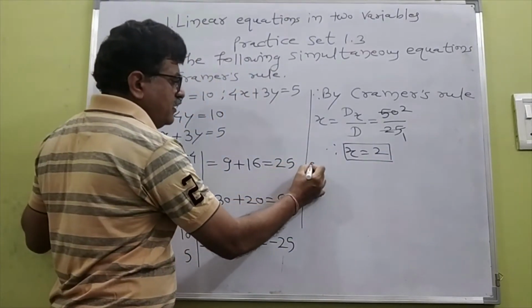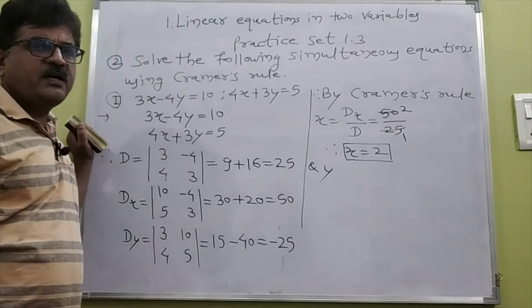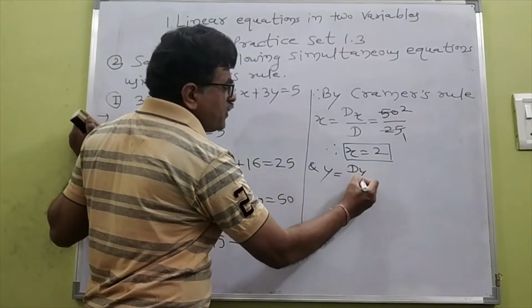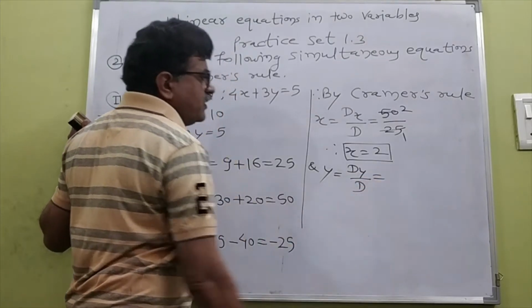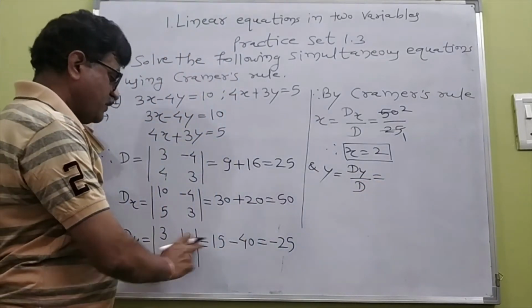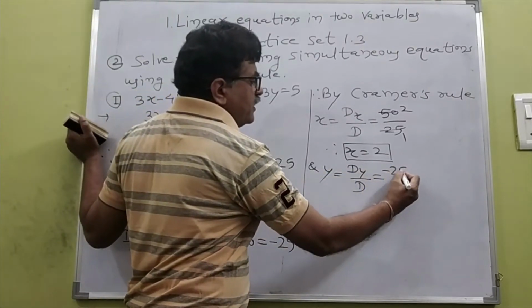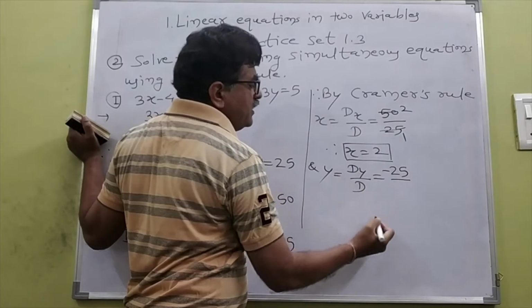And similarly, we can find value of y. Y is equal to dy upon d is equal to. Now put value of dy, minus 25, divided by value of d, 25.